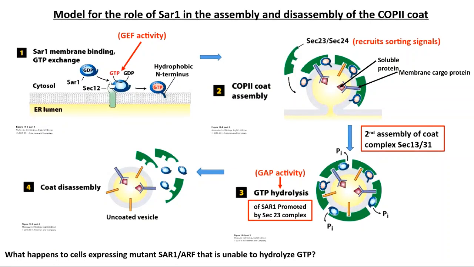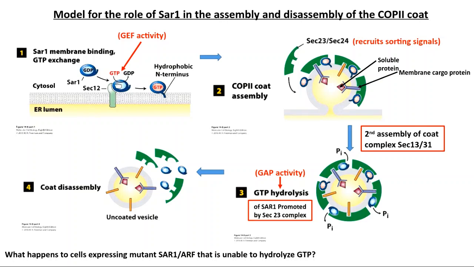Now you can say that, earlier we have seen in nuclear transport, GEF activity happens in the nucleoplasm and GAP activity happens in the cytoplasm. Well, it is GEF-like activity. GEF-like activity means replacement of GDP with GTP. So GTP replaces the GDP bound to SAR1, and now SAR1 becomes GTP bound.